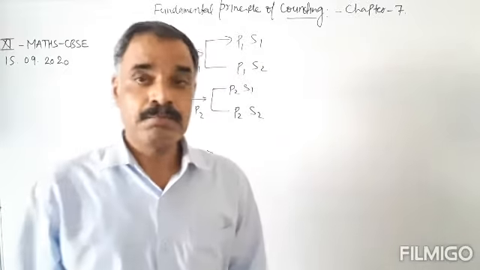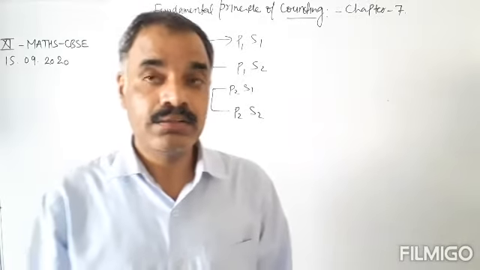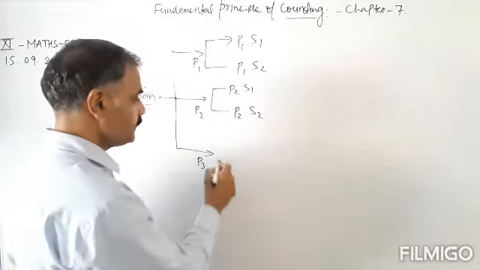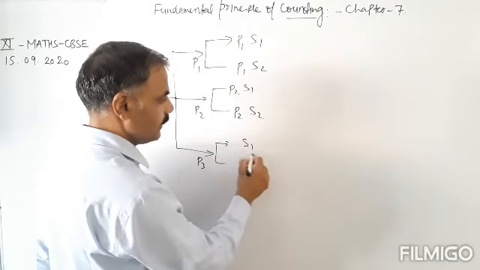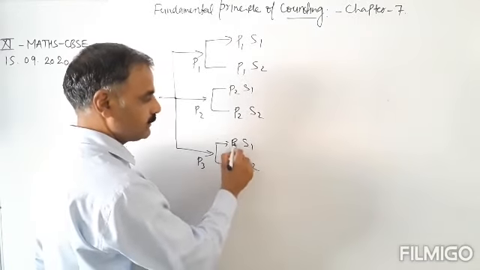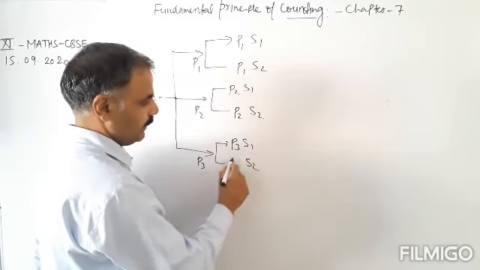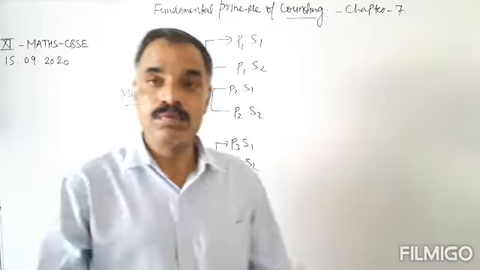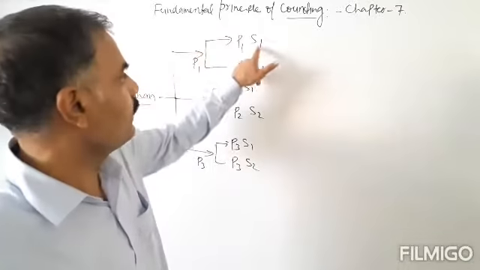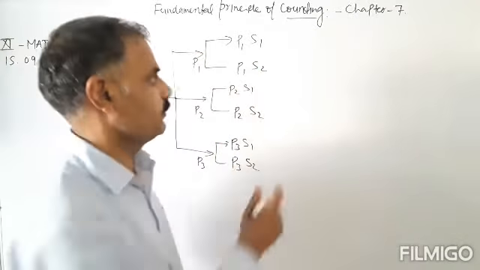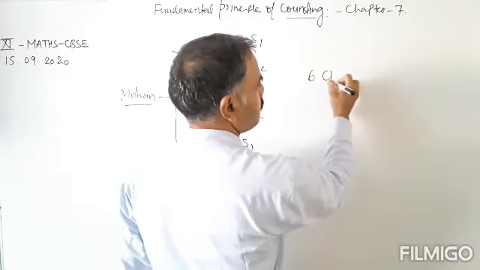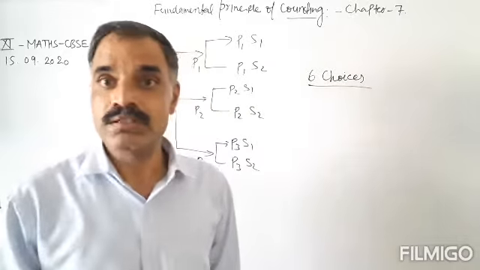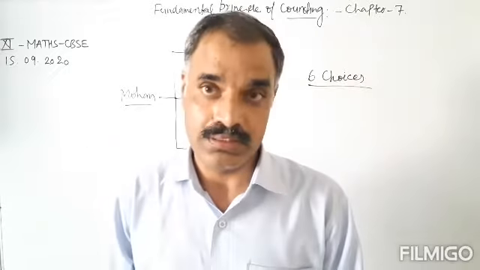Again with the pant third he has 2 choices, so pant third and shirt first, and pant third and shirt second. So how many choices does he have? He has 1, 2, 3, 4, 5, 6 choices. So he has 6 pairs of pant and shirt.